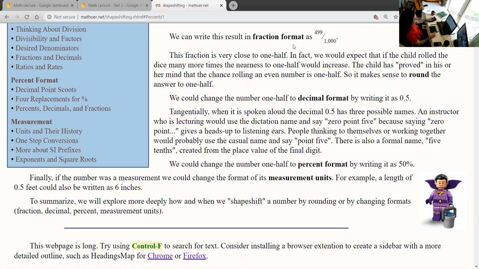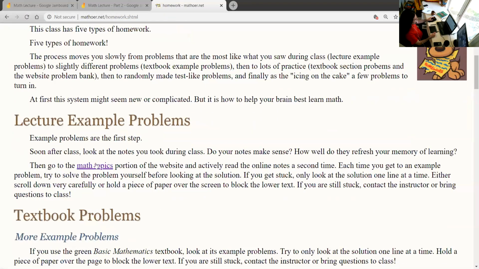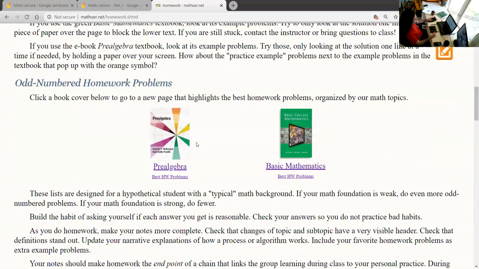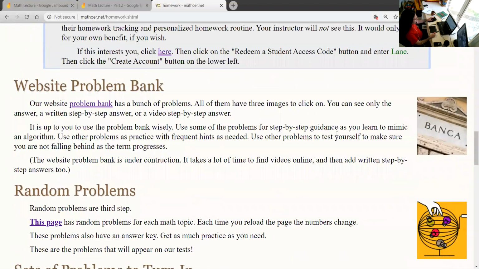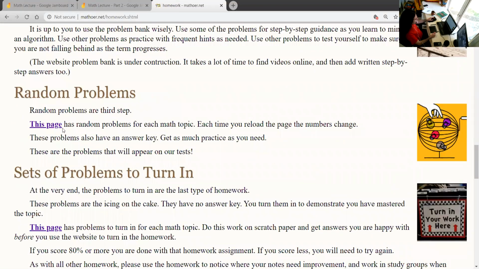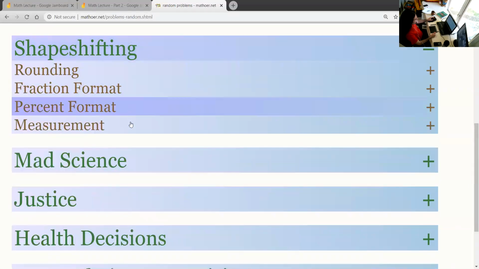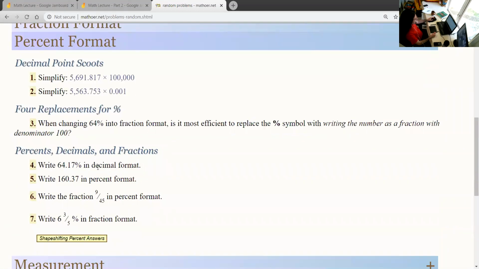So I'm going to say, here's your homework. Remember to first look at what we did, although maybe not right now during class. Maybe do some problems in whichever book you have. The problem bank is still under construction. Skip that from now. Do some random problems. So in percent, you have things you can do. This should look pretty familiar now.